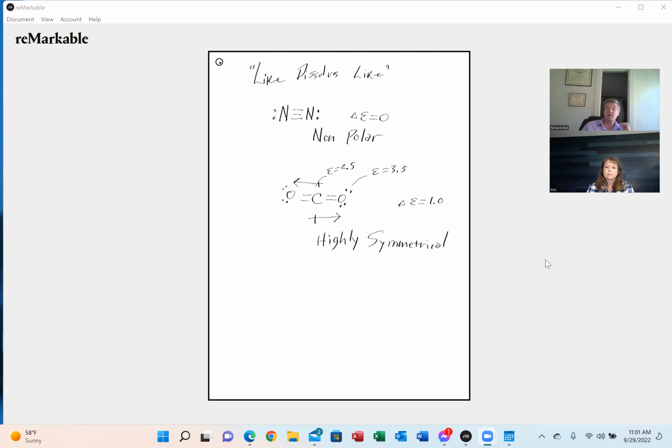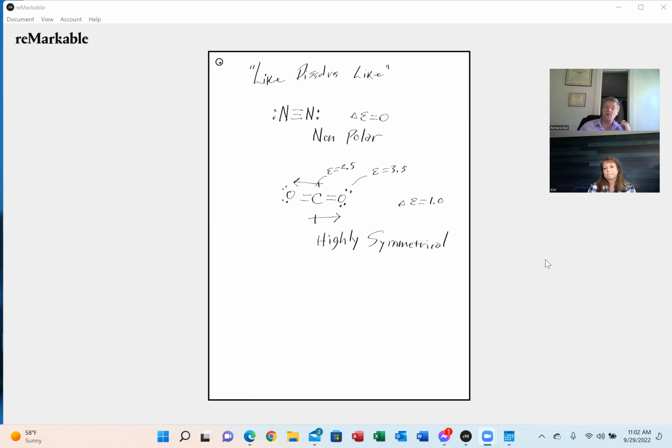In a highly symmetrical molecule, if the polar bonds are identical strength, okay? Now, if you have oxygen on one side and let's say silicon on the other, one of those kids is stronger than the other, so it is going to go in the direction of the stronger kid.